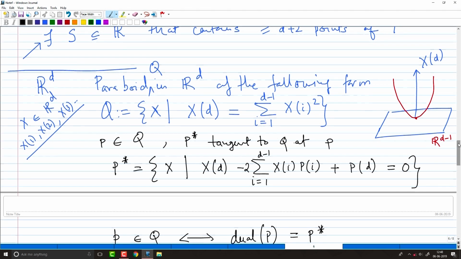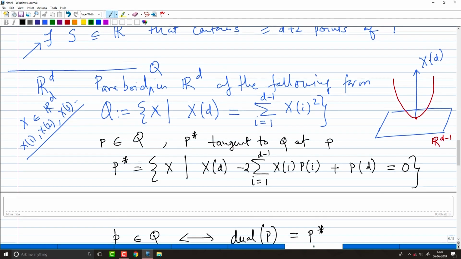So I want to take points in R^d to hyperplanes in R^d which are non-vertical. A hyperplane is a solution to a linear equation, right? Non-vertical means the coefficient of x_d should be non-zero.